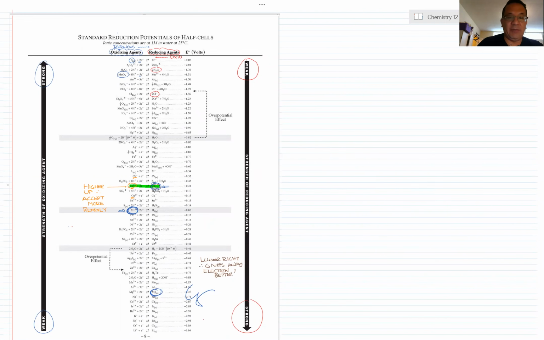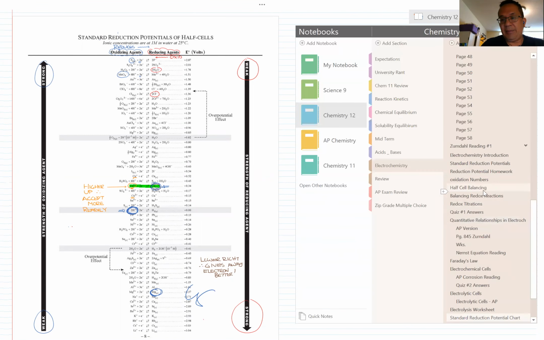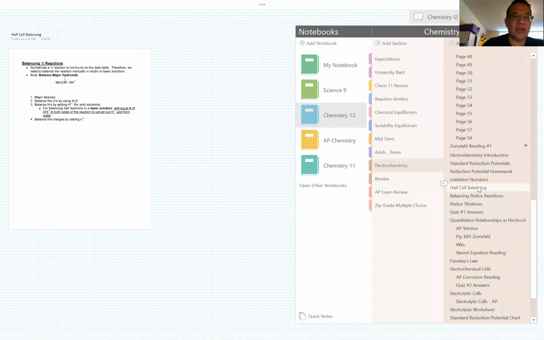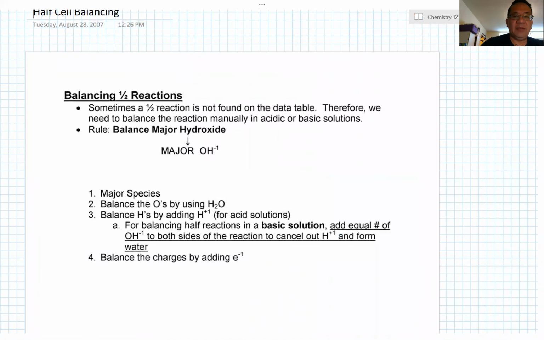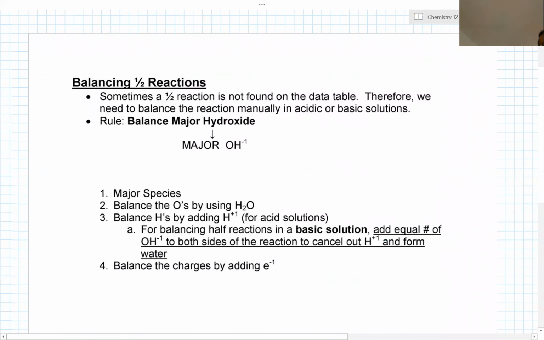Sometimes if we can't find it on the standard reduction potential table, we have to balance it ourselves. So for balancing half reactions, sometimes a half reaction is not found on the data table. Therefore, we need to balance the reaction manually in acidic or basic solutions.